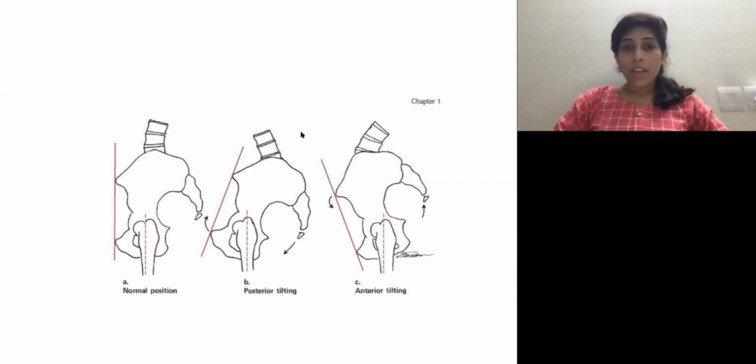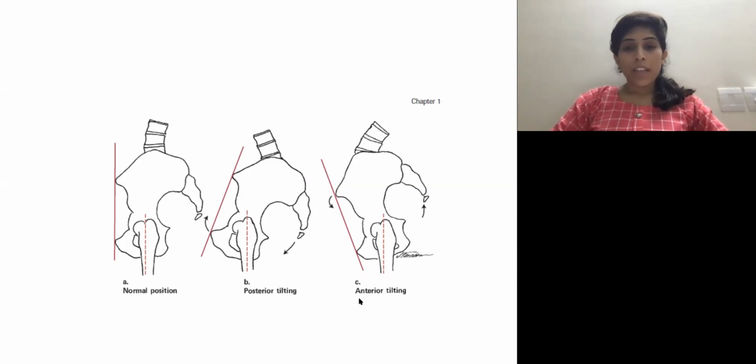Whenever the posterior pelvic tilt is occurring, at that time the sacrum is moving closer to the femur. So here the sacrum is moving in a more downward direction, and this small arrow is indicating the pubic symphysis motion. So the pubic symphysis is moving in the upward direction.